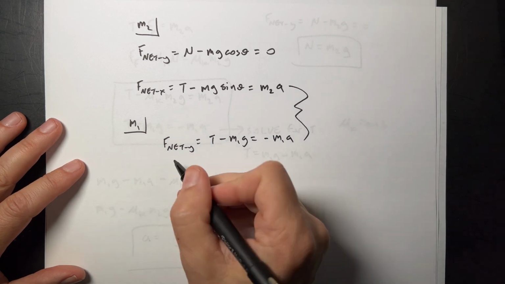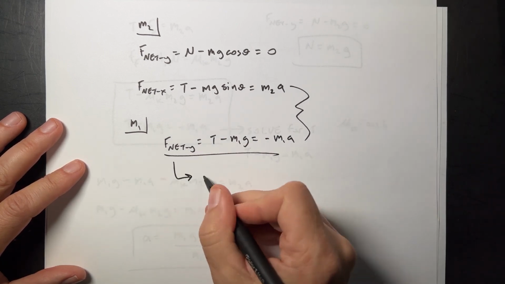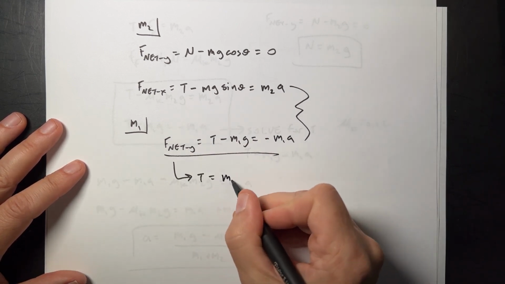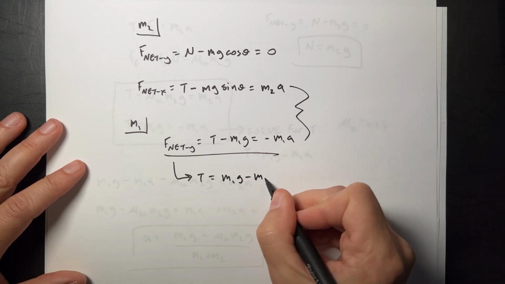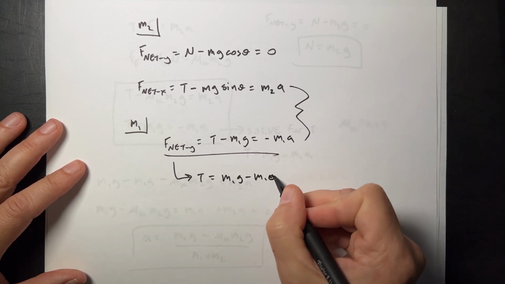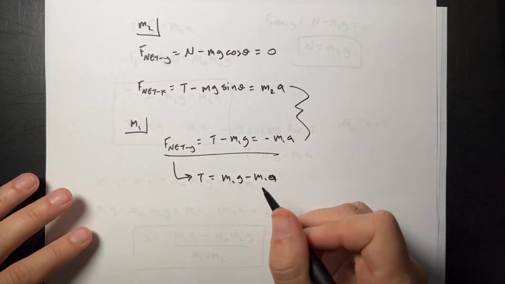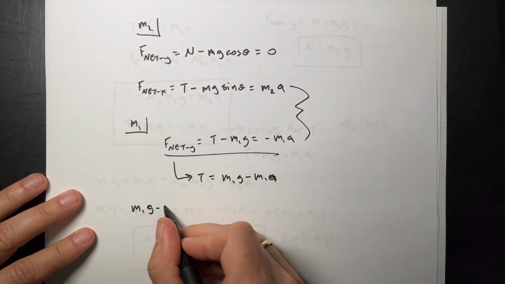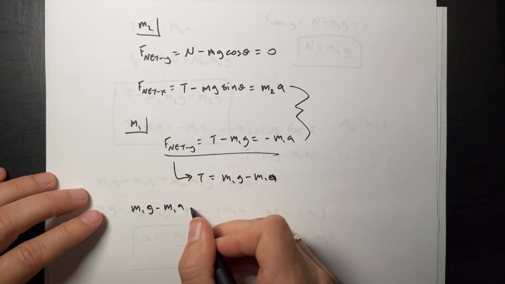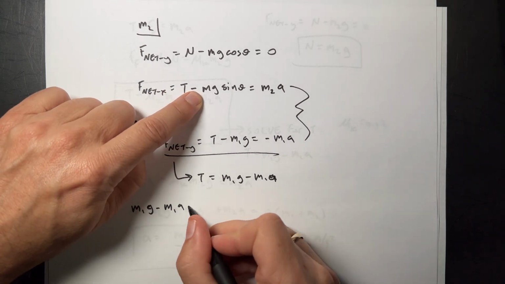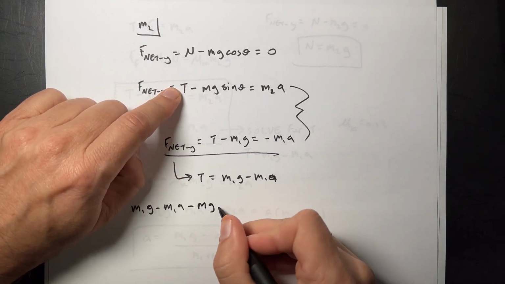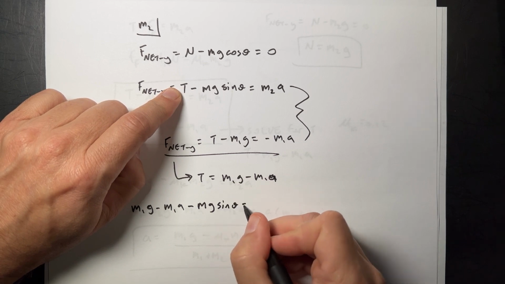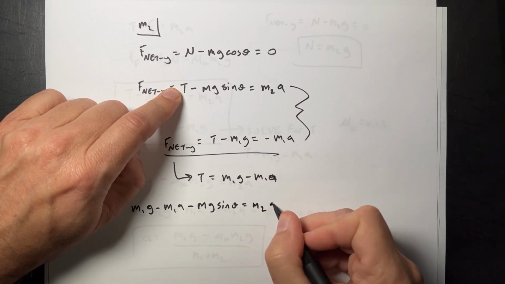Let's solve this one for T. I get T equals m1g minus m1a. Now I can substitute that in up here. I get m1g minus m1a. That's T, right? Minus m2g sine theta equals m2a.